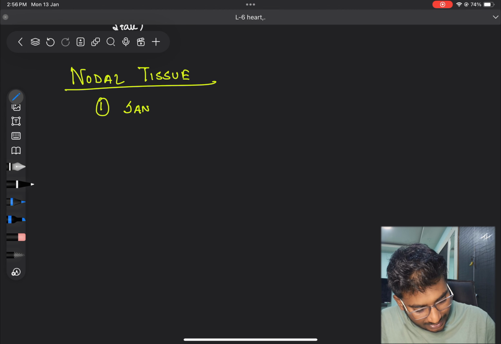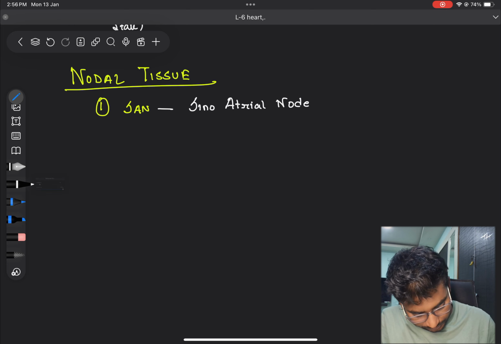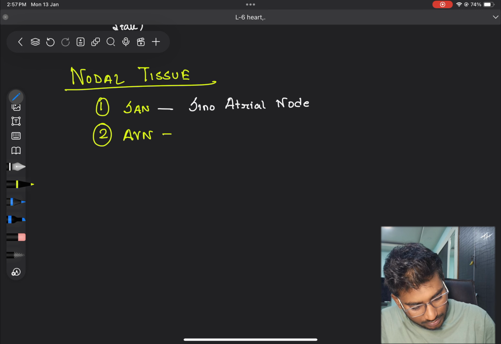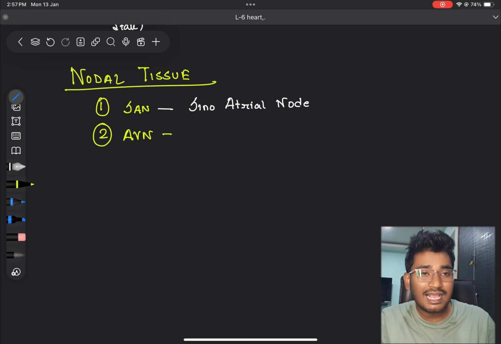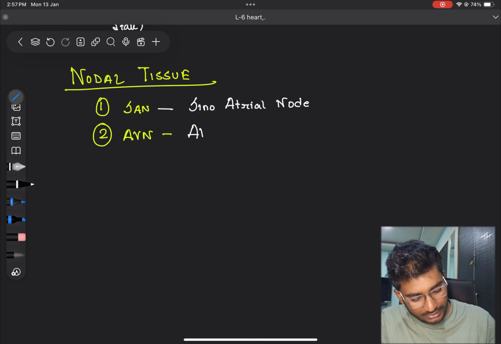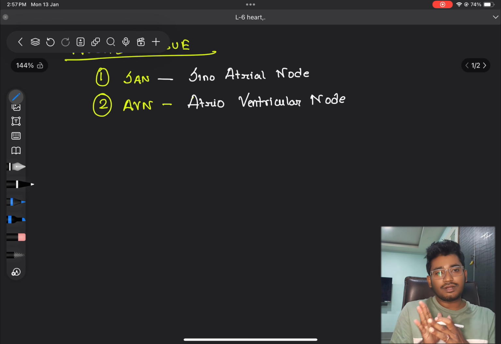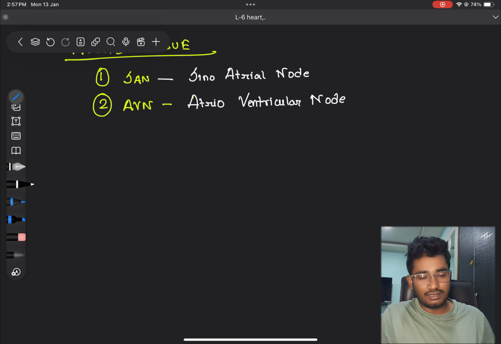Two is the AVN. AVN means atrioventricular node. So one is the sinoatrial node and another is the atrioventricular node, the AV node.